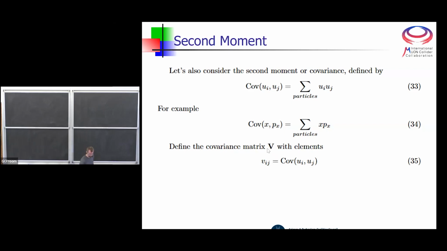Then what I'm going to do is define a matrix which we call the covariance matrix. That's the matrix which has all of these covariances for all of the different phase space coordinates inside it. So it's a matrix V, and the elements Vij are just the covariance of Ui times Uj. So it'll be x times x as the top left-hand corner, and then x times px, and then x times y, and so on.